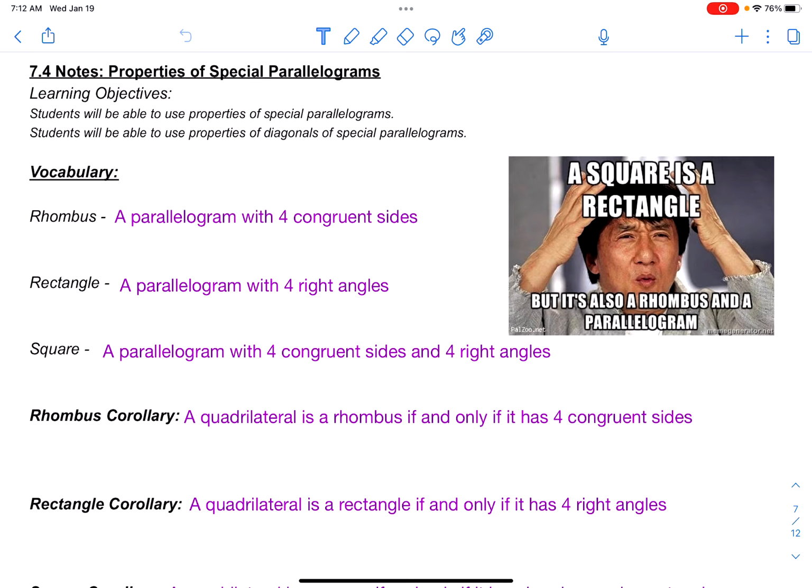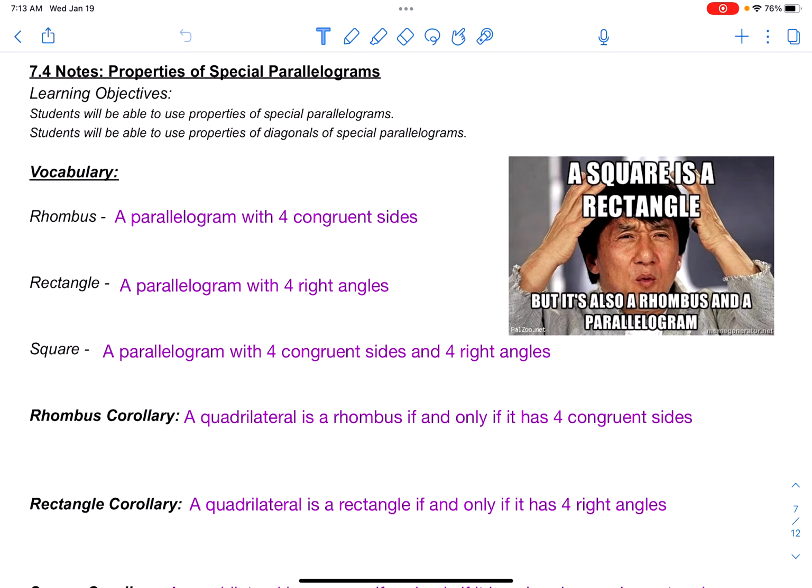A rectangle is a parallelogram with 4 right angles. And a square is a parallelogram with 4 congruent sides and 4 right angles. So if you have a shape and it tells you all the sides are congruent and all of your angles are right angles, then it is automatically a square.